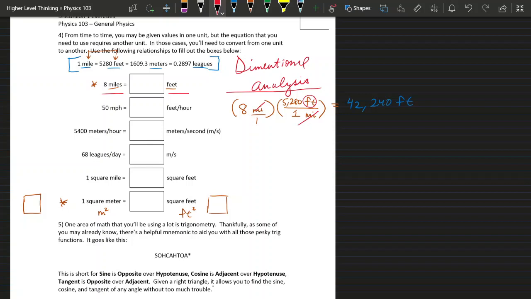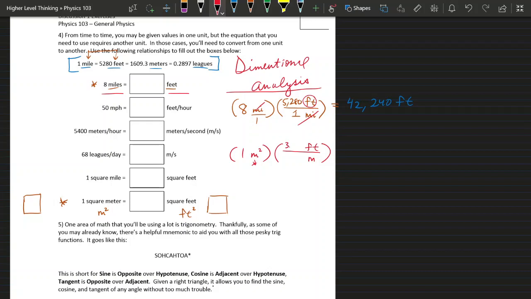So when we do dimensional analysis for this type of problem, we'll start by setting up our initial variable. Now when we go to write the second parentheses, you actually want to pretend that the squared is gone when you're doing your ratio. So if I have meters up top here, I want to put meters down below, not meters squared, and the same thing with feet.